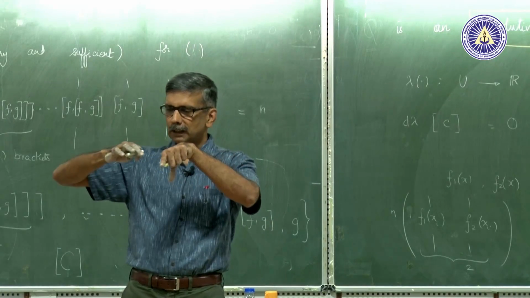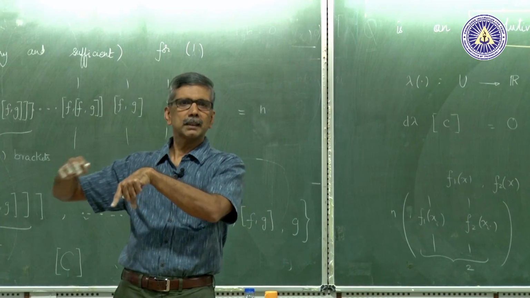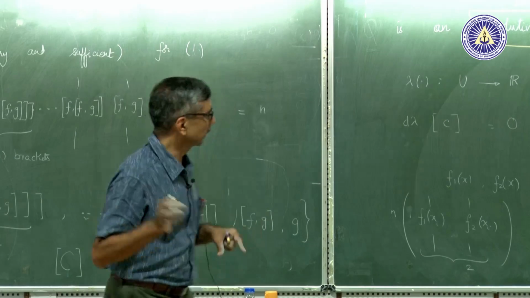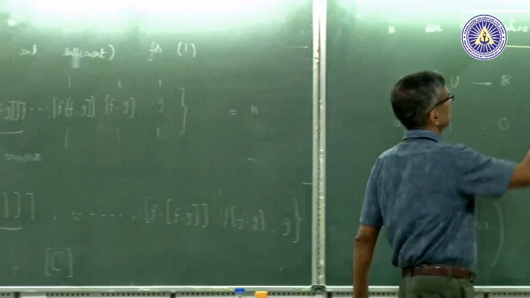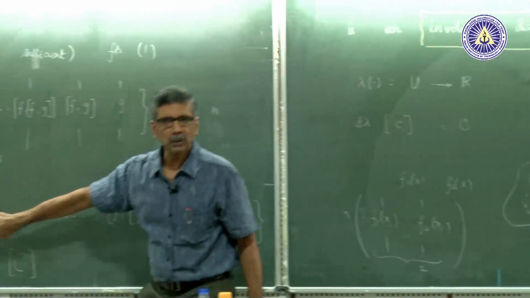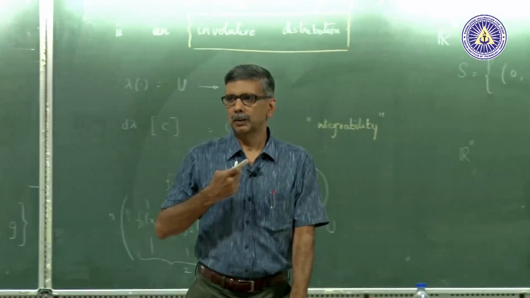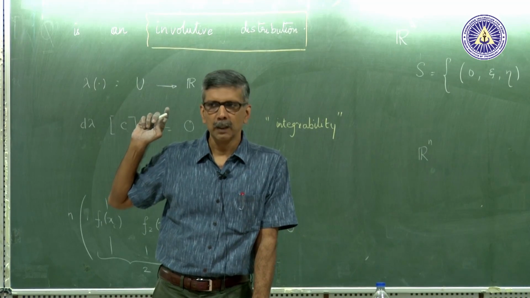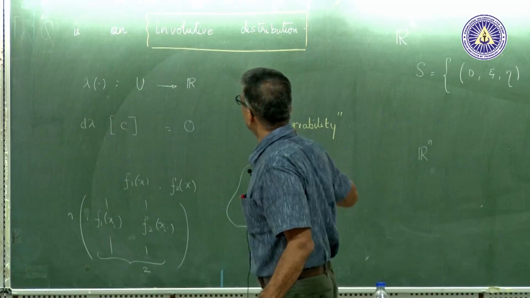That assignment of a subspace is called a distribution. Now, you will agree that these are n minus 2 vector fields. So they assign a subspace at every point. So they form a distribution.